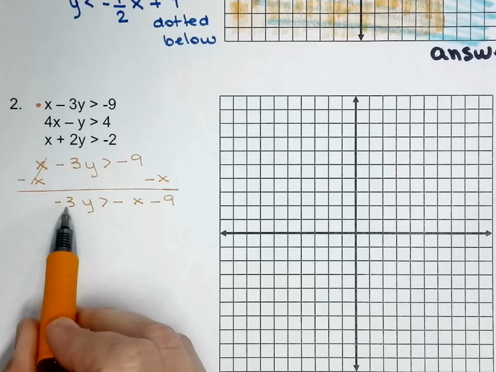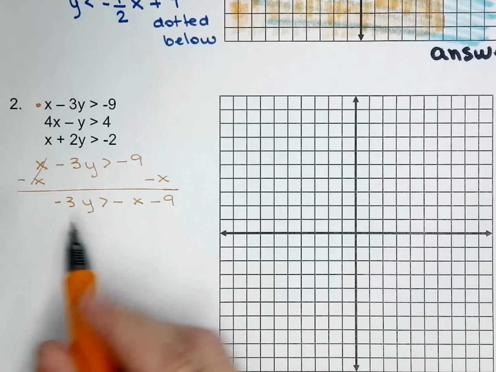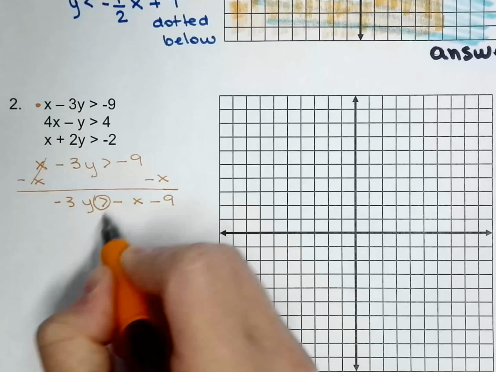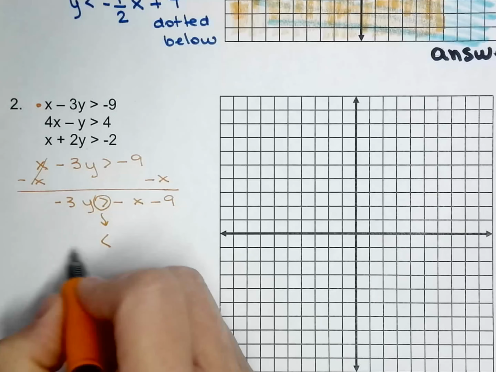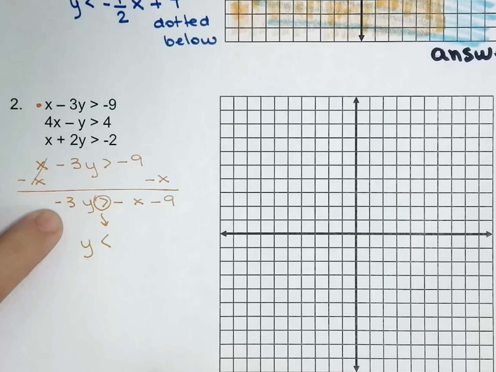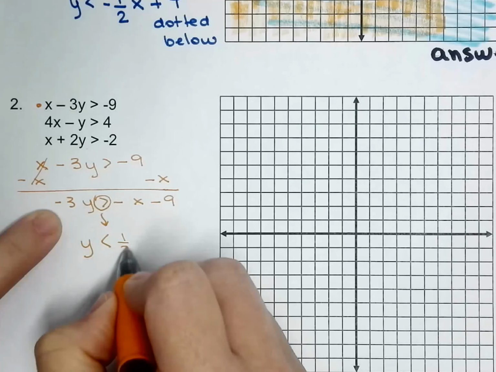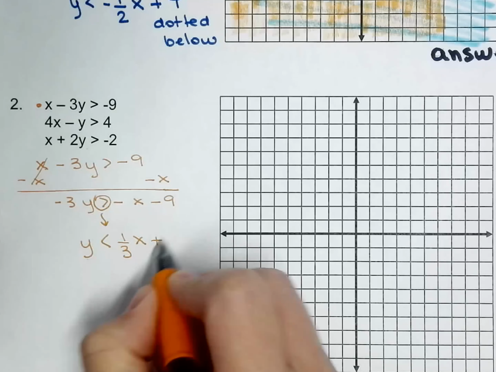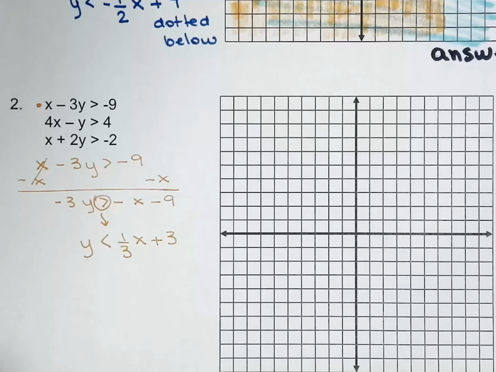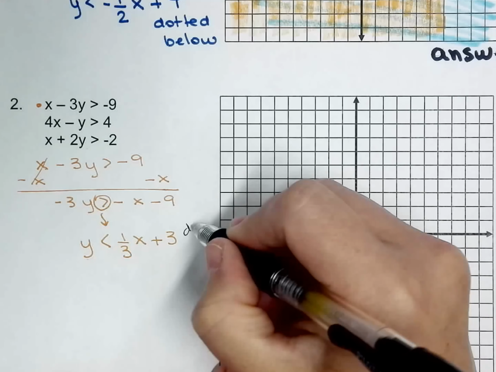Now be careful here because you're about to divide by negative 3. And every time you multiply or divide by a negative, you need to switch the inequality sign. So divide by negative 3. That will leave you with 1/3 x. Negative 9 divided by negative 3 is positive 3. So it's going to be a dotted line.